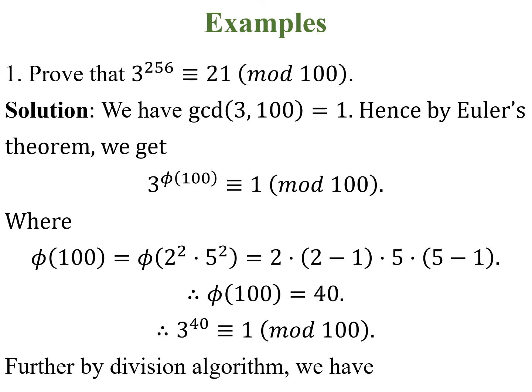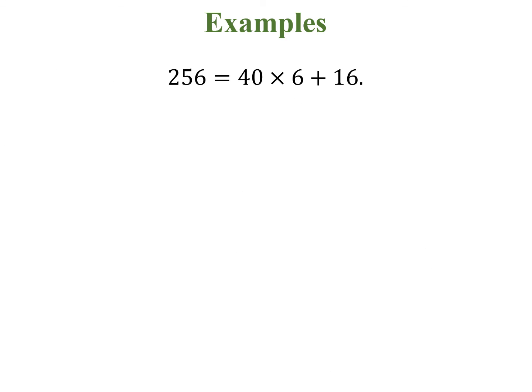By division algorithm, 256 is equal to 40 into 6, which is 240, plus 16 is 256. So 256 is equal to 40 into 6 plus 16. Therefore 3 raised to 256 can be written as 3 raised to 40 into 6 plus 16.